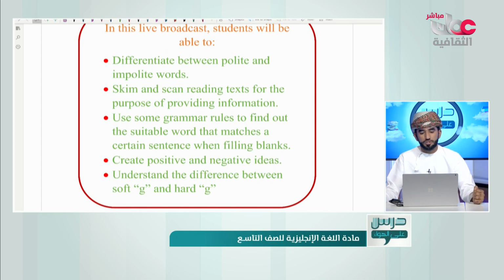So I'm going to ask you to open your Oxford Dictionary in front of you for those students who find some words difficult to understand. And for those who really know all the meanings of those words in Arabic, I think they have got the idea. So you're going to divide these words into two sections: polite and impolite words.